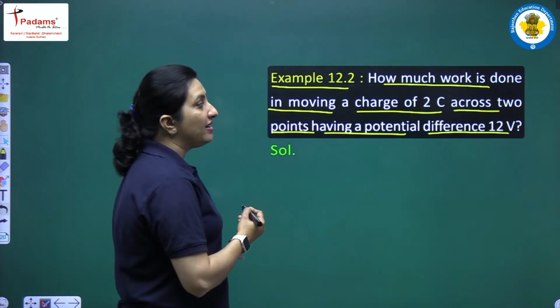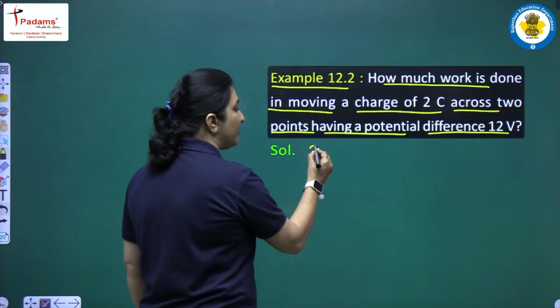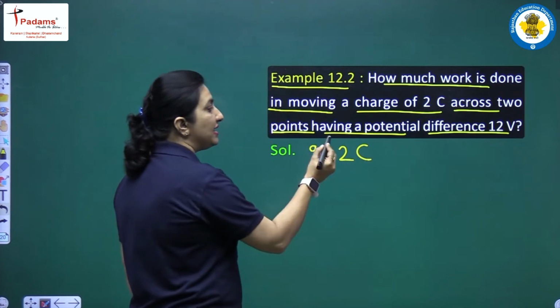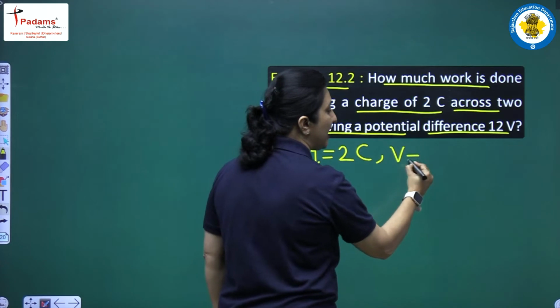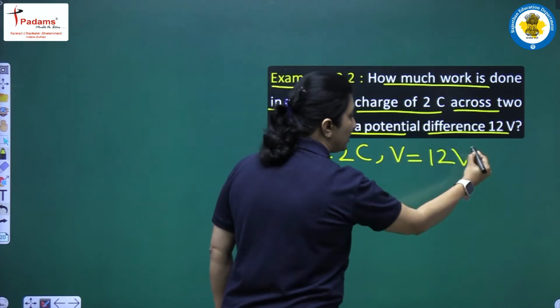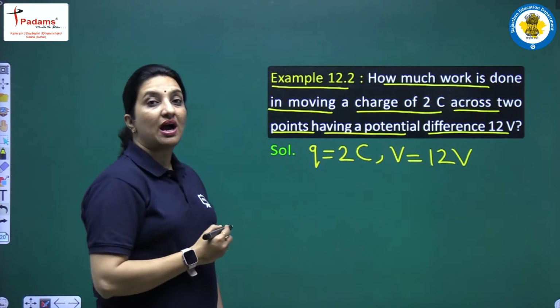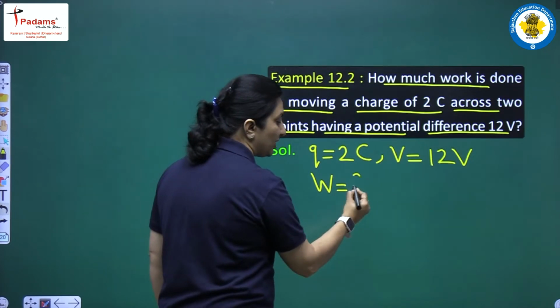So here what we are given is that a charge of 2 coulombs. So Q is equal to 2 coulombs. It is having a potential difference of 12 volts. So V is given as 12 volts, and what we need to calculate? Here we need to calculate how much work is done. So W has to be calculated.